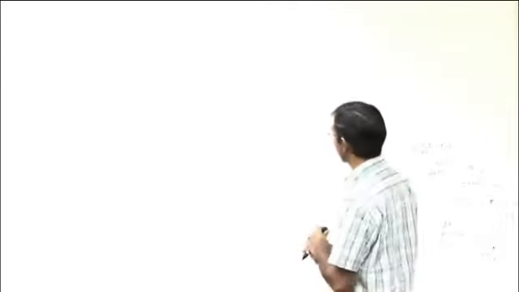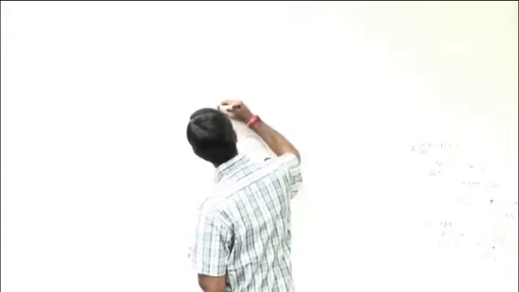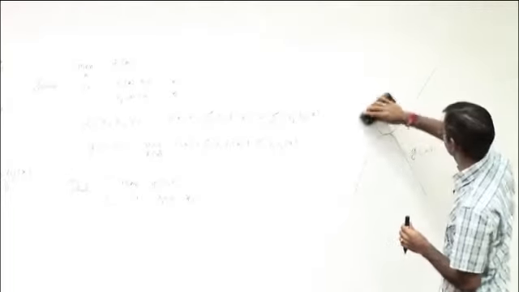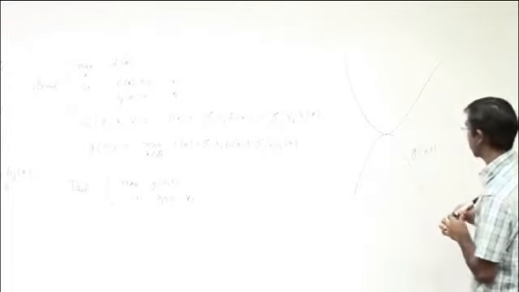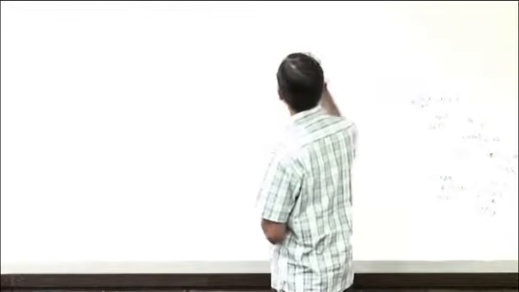I'll tell you that, but let me just draw the picture. What will happen is that if Slater's conditions are satisfied and each of your functions is convex, and basically your set is convex, then this will be the picture.